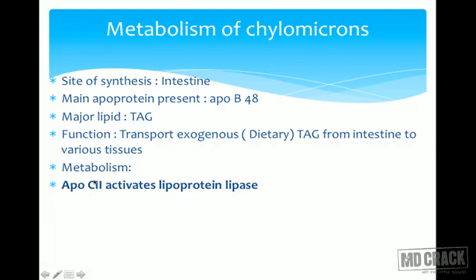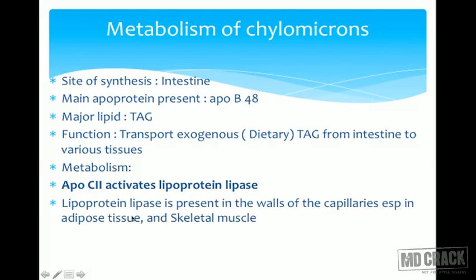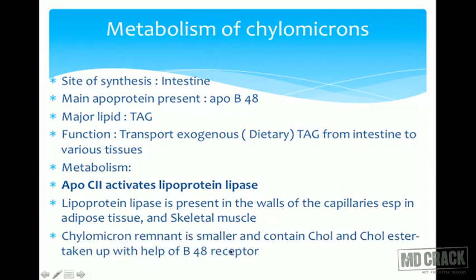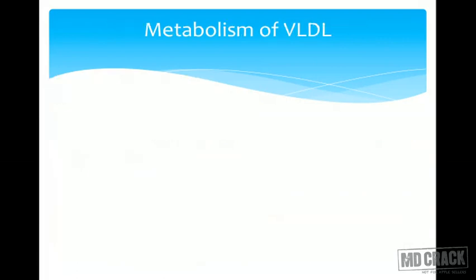In the metabolism, ApoC2 activates lipoprotein lipase, present in the walls of the capillaries, especially in the adipose tissue and skeletal muscle. The chylomicron remnant is smaller and contains more cholesterol and cholesterol ester. These also come from the diet and are taken up with the help of the B48 receptor. That is the metabolism of chylomicrons.